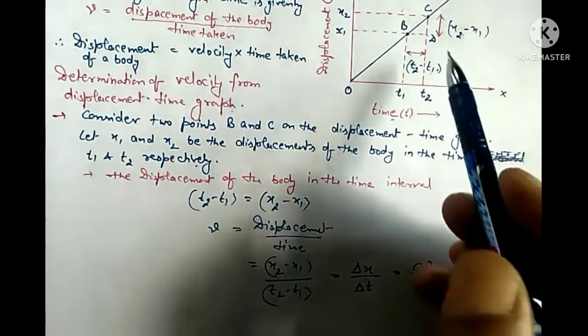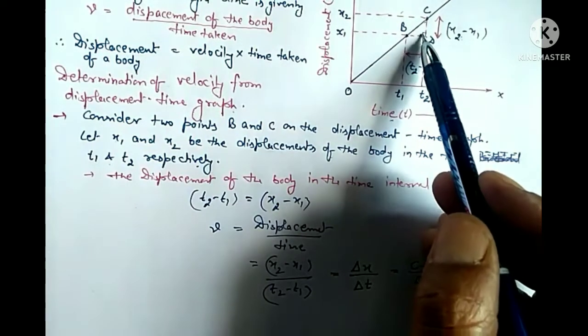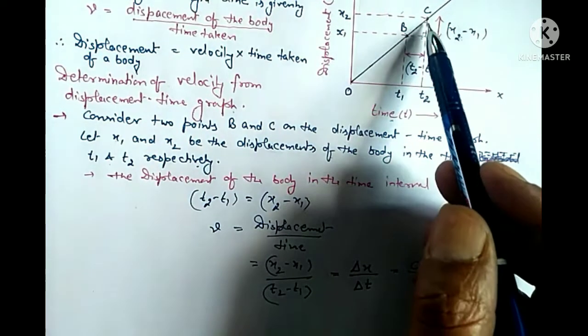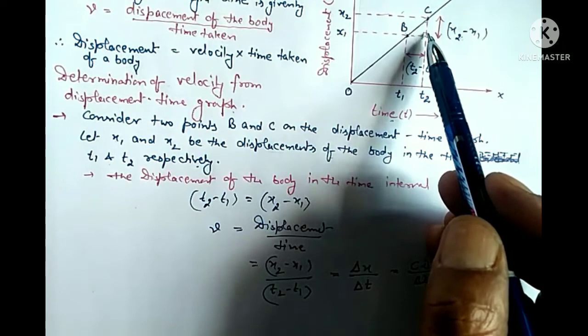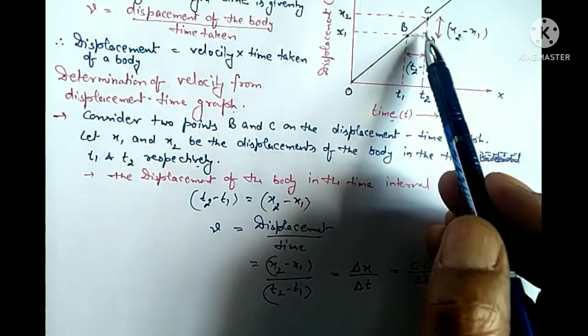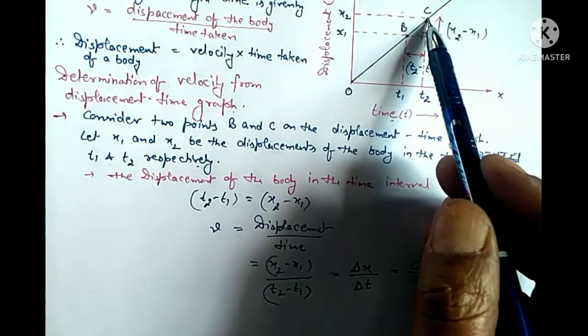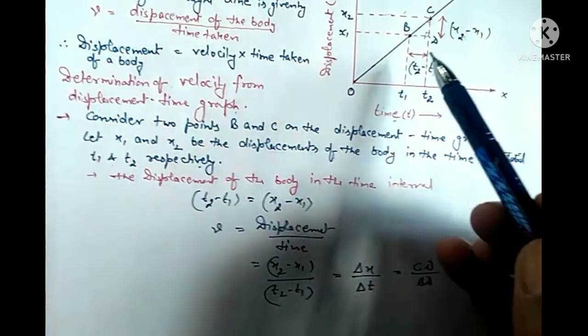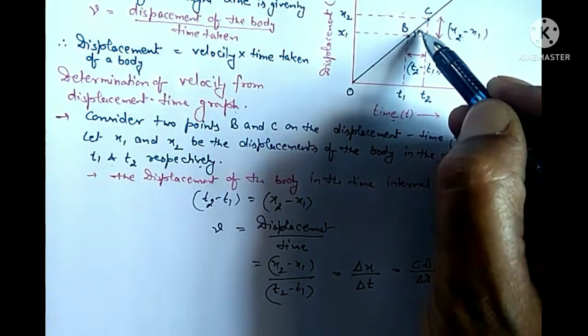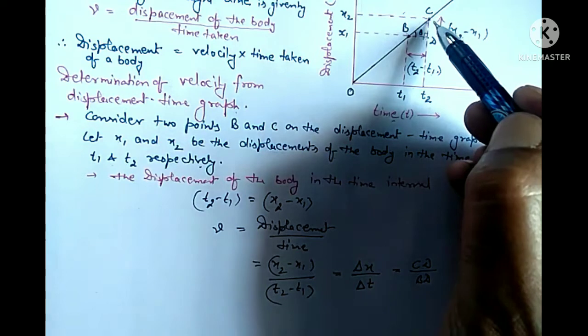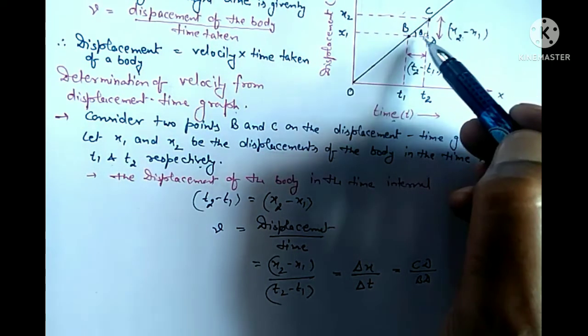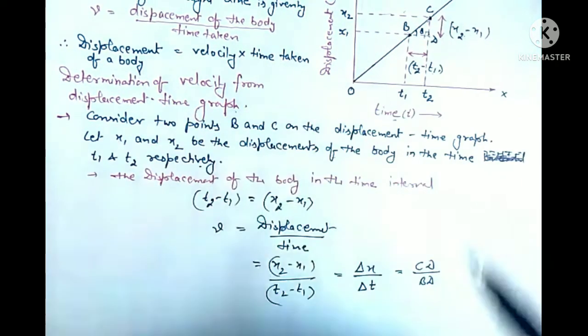Now you can see here, if we take this right angle triangle BDC, tan theta is perpendicular over base. If we take this angle theta, then the perpendicular is CD and the base is BD.